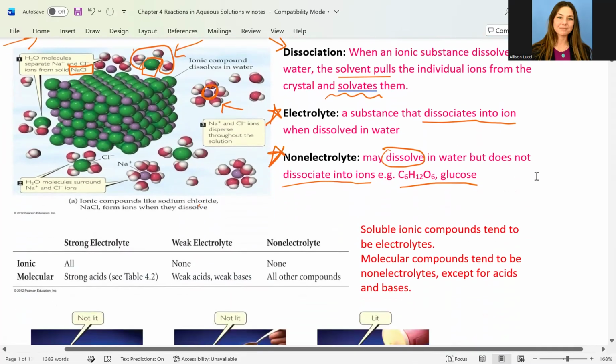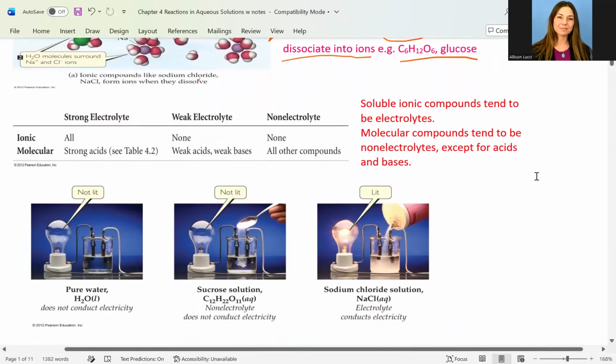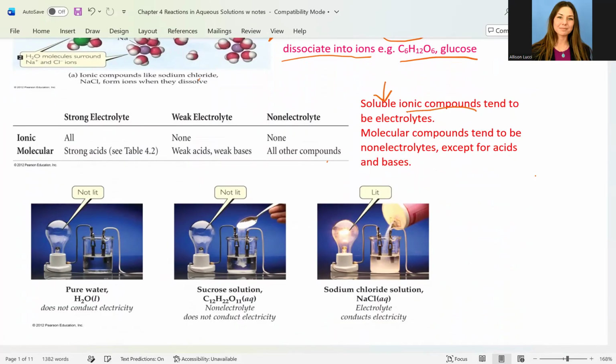They'll stay as molecules. So that brings us to this comparison here, where I mentioned above that soluble ionic compounds tend to be electrolytes. So we can see that all ionic compounds mentioned here will be strong electrolytes. No ionic compounds are classified as weak electrolytes or non-electrolytes. Then we see that we have molecular compounds.